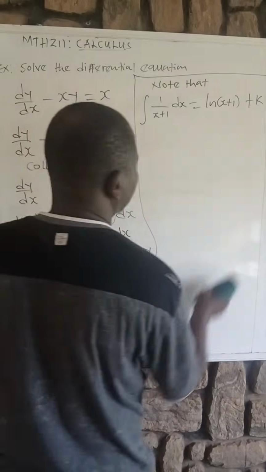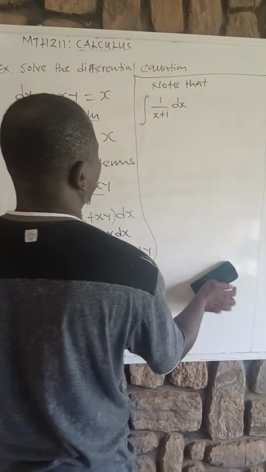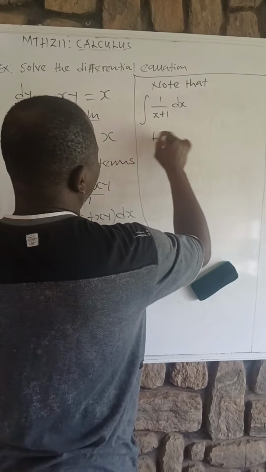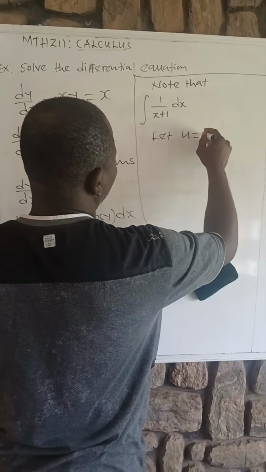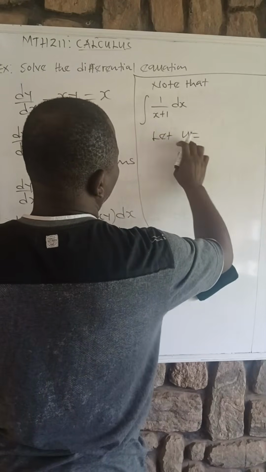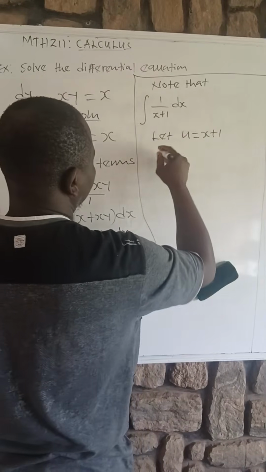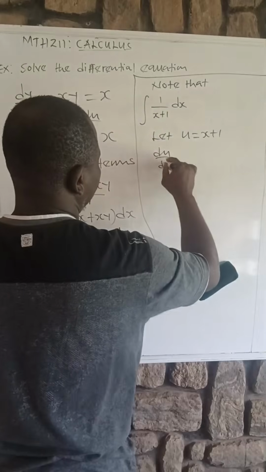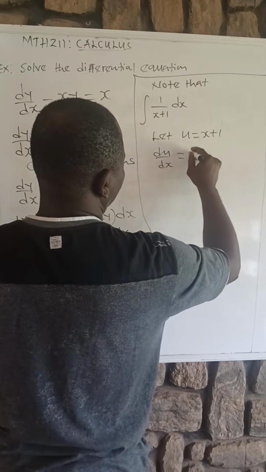Or let's look at it together. What you need to do is use substitution and let u be equal to x plus 1. So du over dx is going to give us 1.